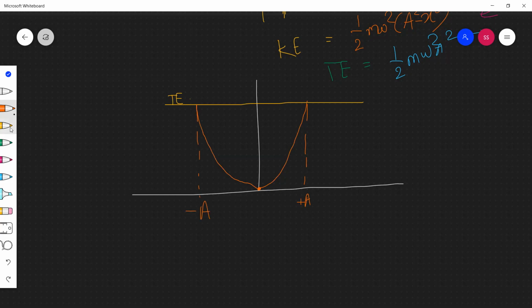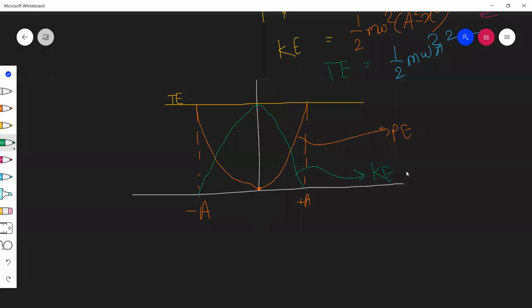This is the potential energy. And talking about the kinetic energy, it will be something opposite. This is the kinetic energy. Kinetic energy will be zero at extreme position, maximum at mean position, same as the velocity. And total energy is always constant.